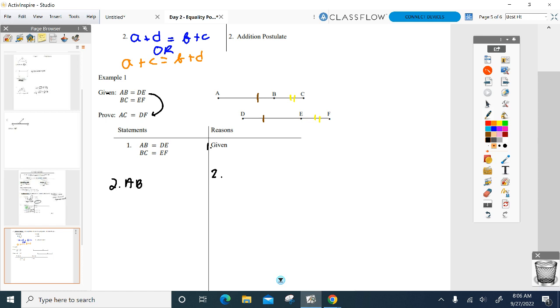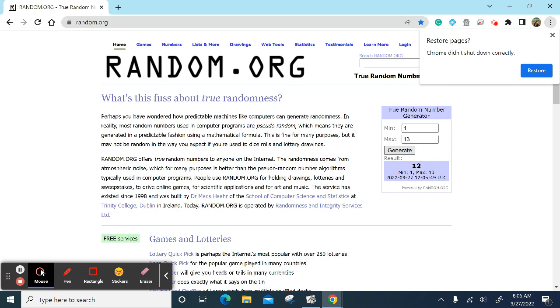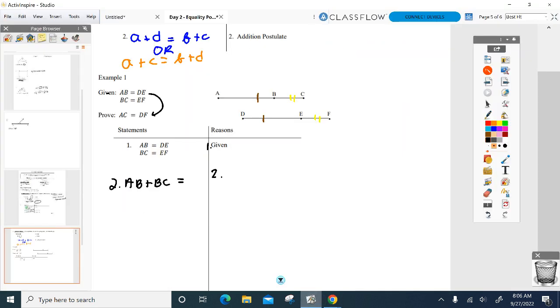AB plus BC is equal to, if I added, what other pairs together here? Give me another pair to add together. DE and EF. DE plus EF. I can add those pairs together because they're congruent.